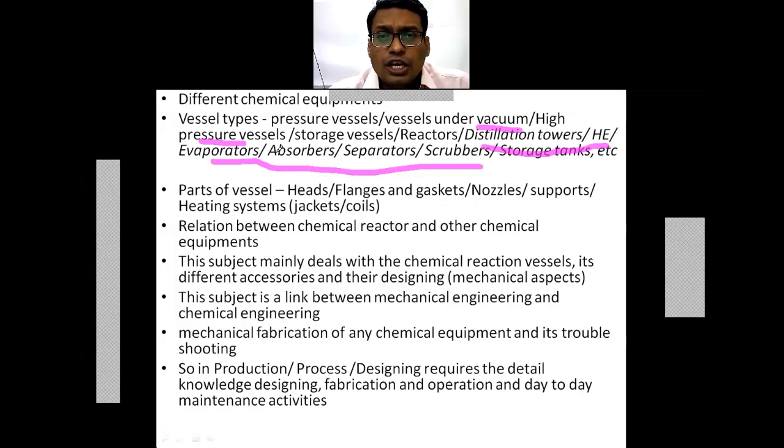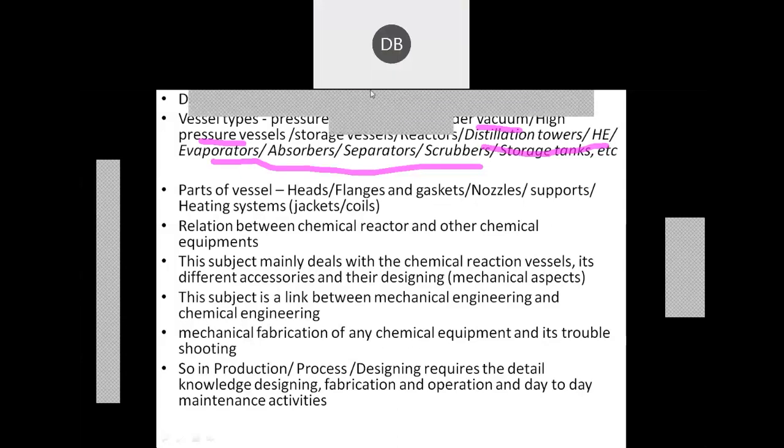If you talk about heat transfer equipments, that is your heat exchangers, evaporators, coolers, condensers, all these are your exchanging equipments. Now, these parts are related to flanges and supports, then the heating systems.